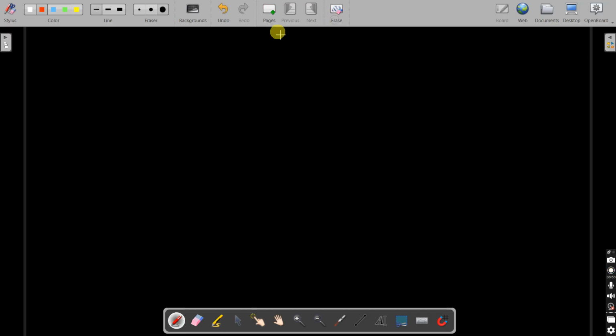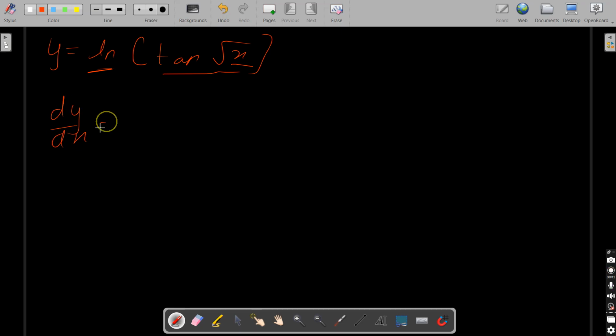One more question. y is equal to ln tan under root x. So first we have to differentiate this, then this, then this. So dy by dx will be 1 upon tan under root x, multiplied by the differentiation of tan.